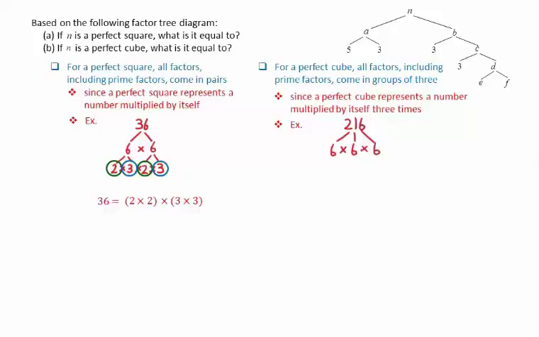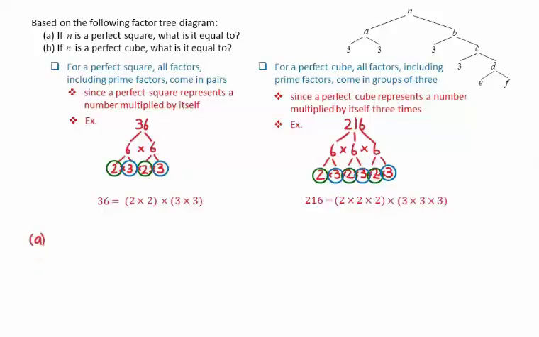Note that there are 3 6's. We can then further break up each 6 into 2 times 3. Note that there are 3 2's and 3 3's. 216 then can be written as 2 times 2 times 2 times 3 times 3 times 3.